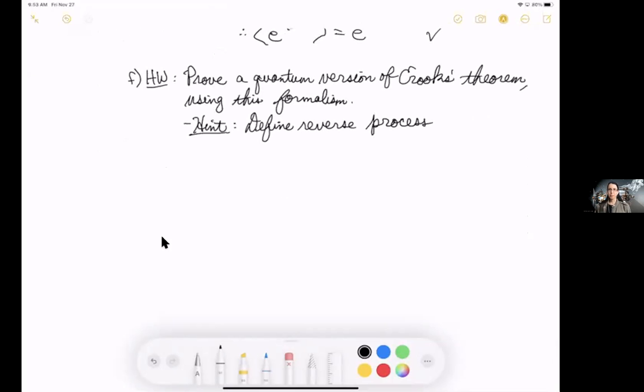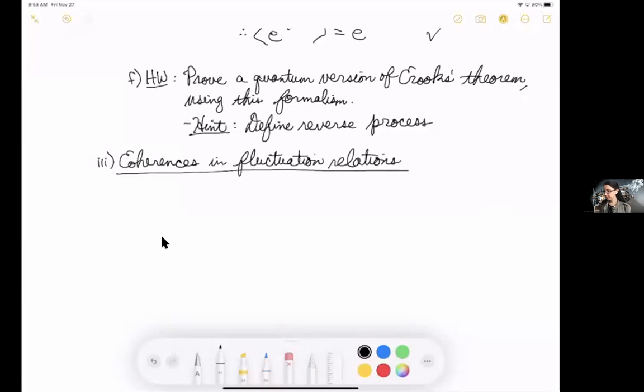Lots more work has been done on fluctuation relations since Tasaki's work was done. For instance, there are a number of people who have thought about coherences relative to the energy eigenbasis in fluctuation relations. Here are a couple of references. I'm not going to talk about them in detail. One is by Johan Åberg.